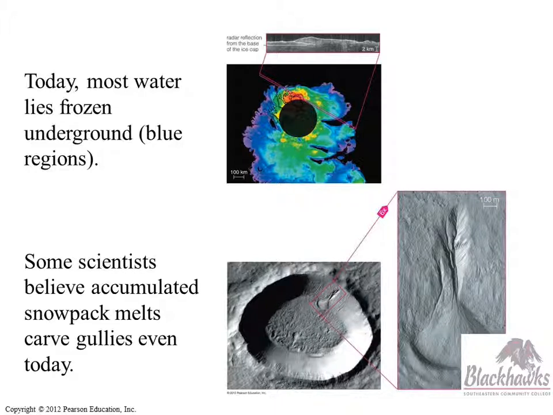With regard to water, Mars has it, but it's generally tied up in its solid state. The bottom set of pictures shows a close-up of how water would have gushed and flowed, creating that kind of erosion pattern.